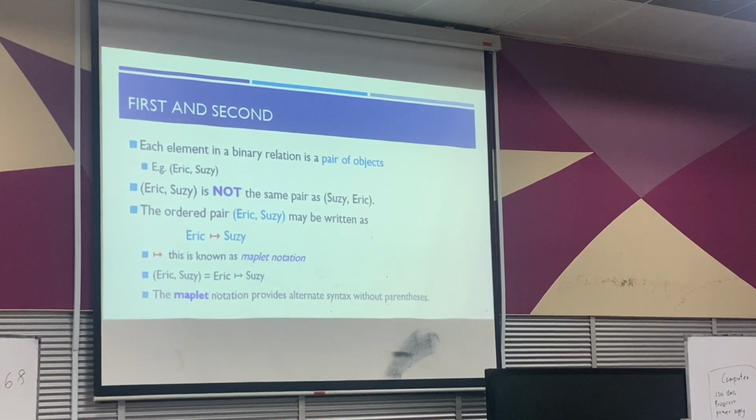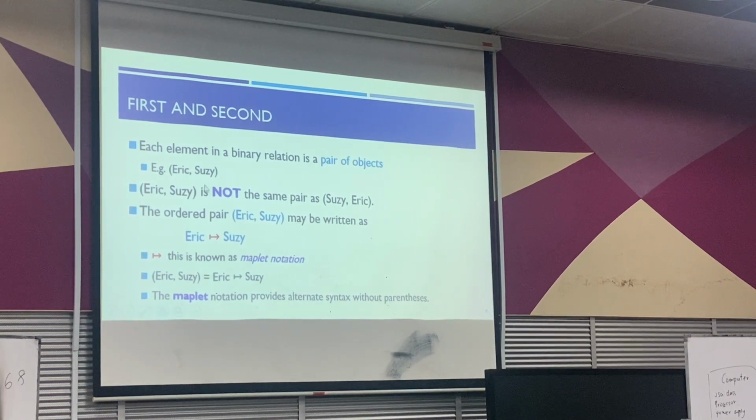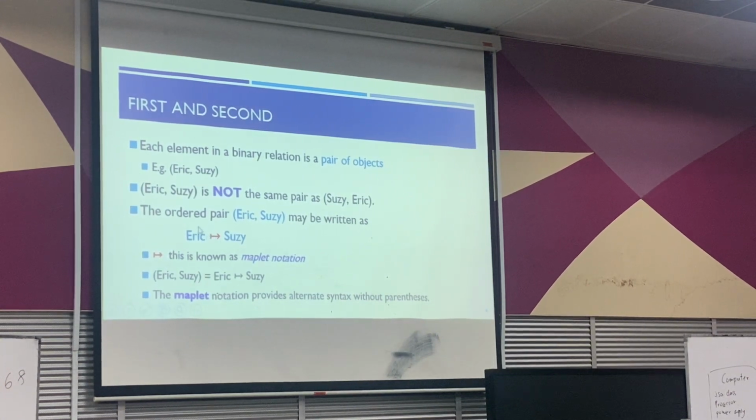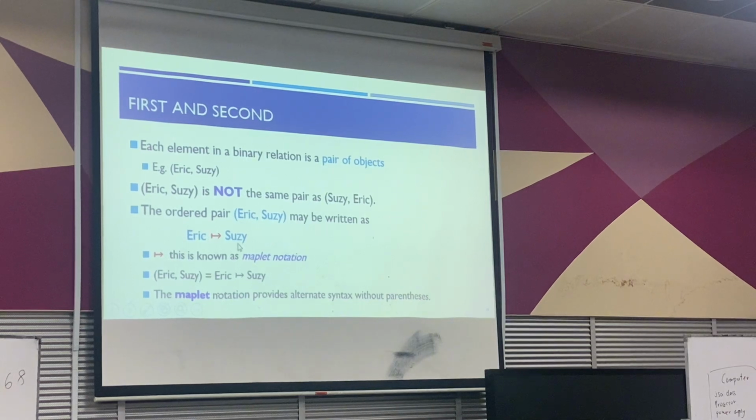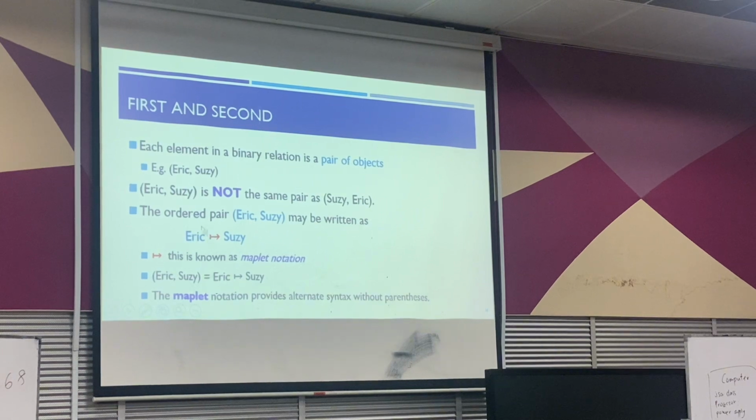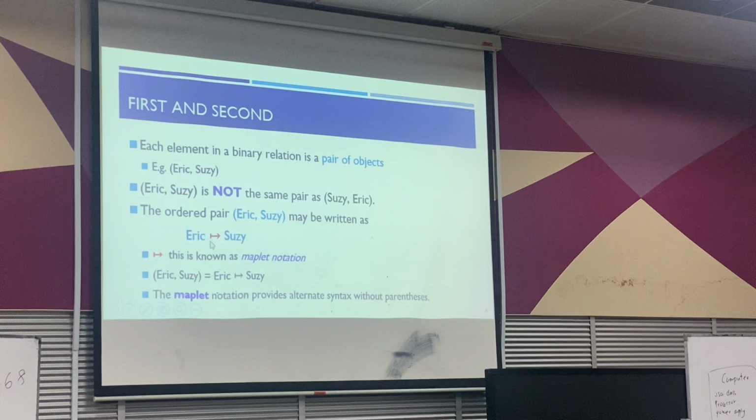So maybe this is a different person already. That is another thing that you have to know. This is the first coordinate, this is the second coordinate. In this case, Eric is mapped to Susie, and that's why the symbol here is what we call maplet.